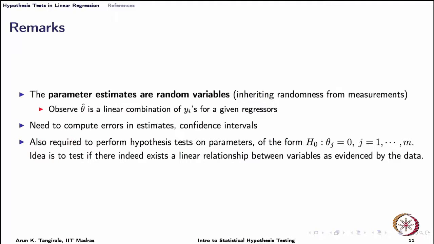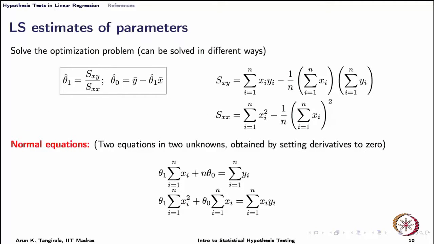Very good. Before we proceed to discussing the hypothesis test, we should remember that the parameter estimates are random variables because they are derived from data. Theta 1 hat and theta naught hat are random because of the randomness in y.